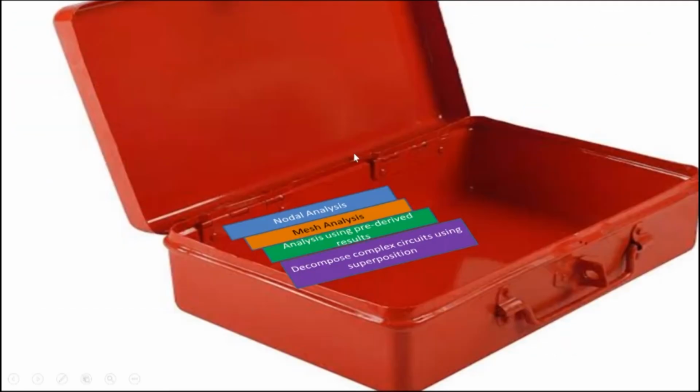All right, so let's summarize. Our toolbox of analytical tools already had nodal, mesh, and then we had analysis using pre-derived results, meaning series, parallel, voltage division, current division. And we also use the superposition principle to decompose complex circuits into simpler ones.